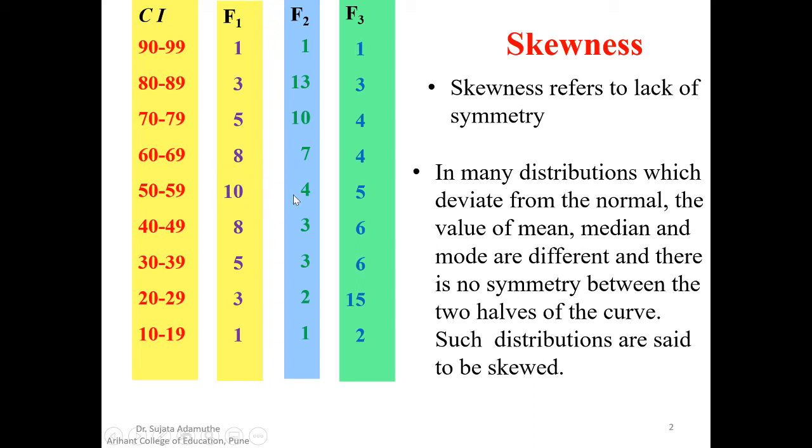But here if we calculate the mean, median, mode of this group, they are not equal. And here also the values of the measures of central tendency will come out different, and this is called skewness.